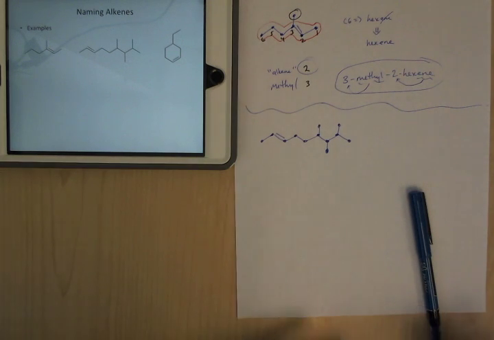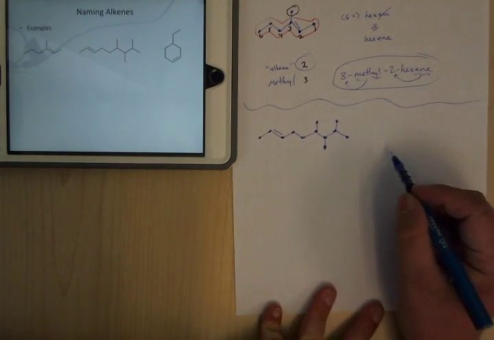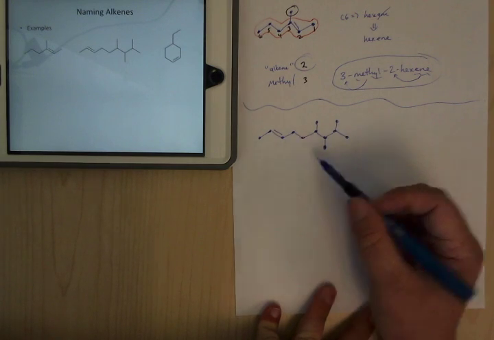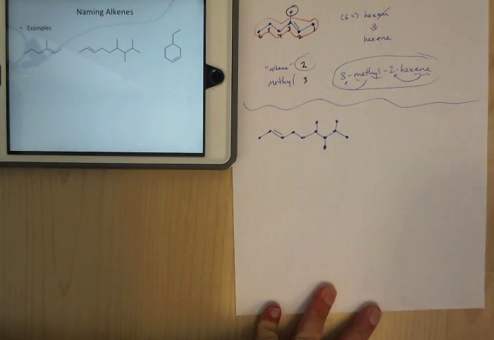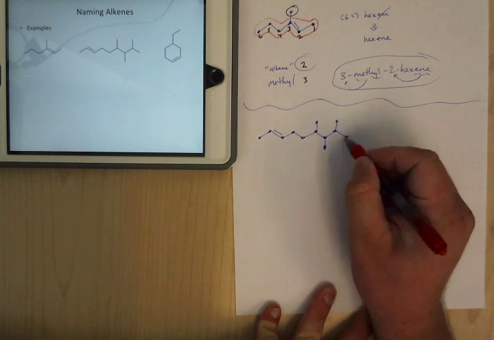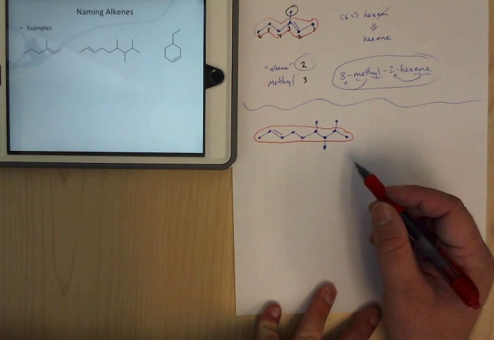So here's the main chain: 1, 2, 3, 4, 5, 6, 7, 8, 9. It just so happens to be horizontal.